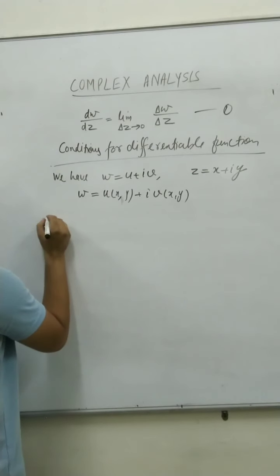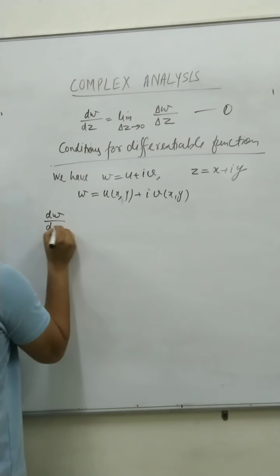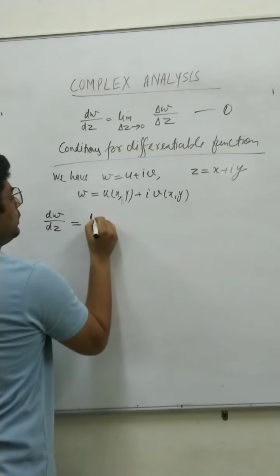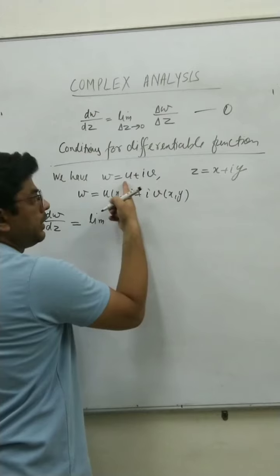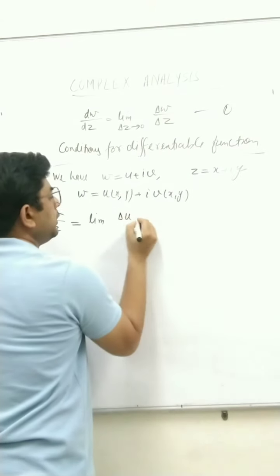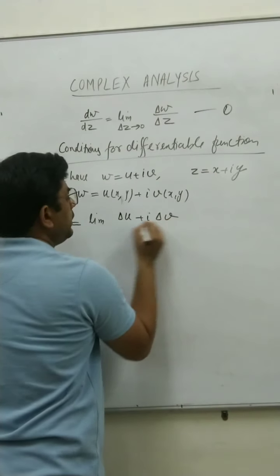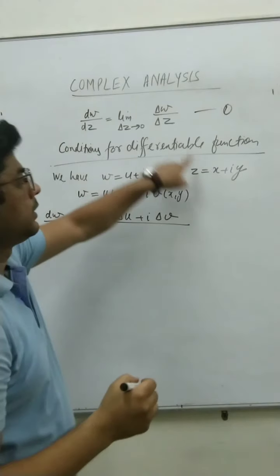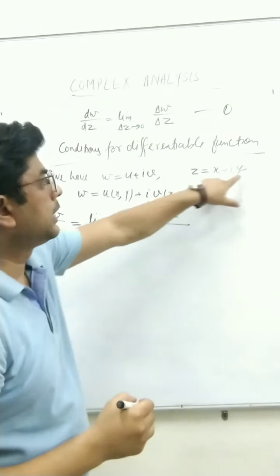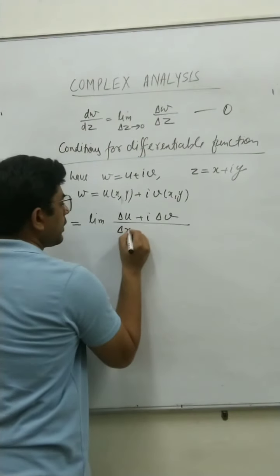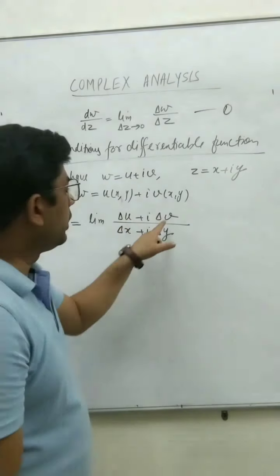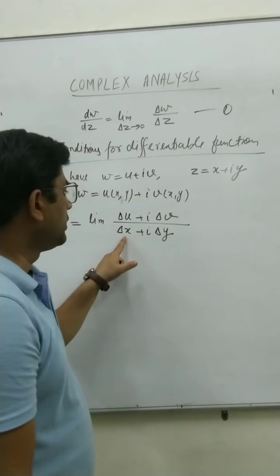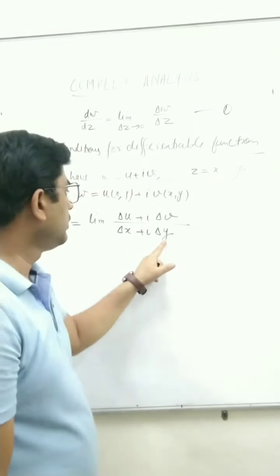So now we have dw/dz equal to the limit of Δw/Δz. Δw can be written as Δu plus iΔv, upon Δz, and Δz can be written as Δx plus iΔy. Δu means change in u, Δv means change in v, Δx means change in x, and Δy means change in y.